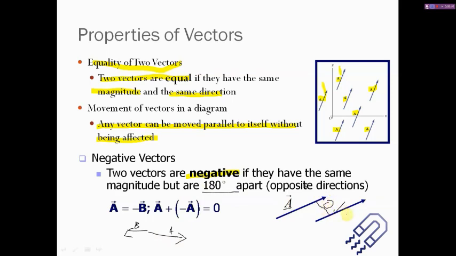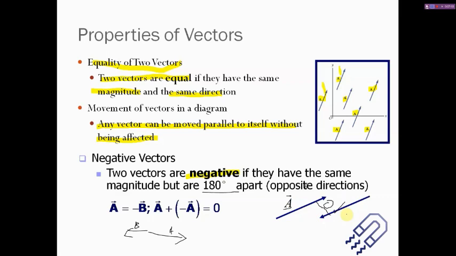But on the other hand, it's possible that they might rotate. Now see, the vector has rotated in the opposite direction, right? That means it has made a 180-degree turn, and hence this is basically a negative vector.